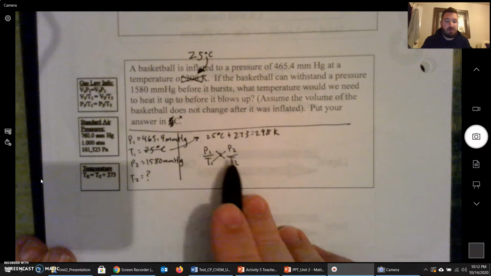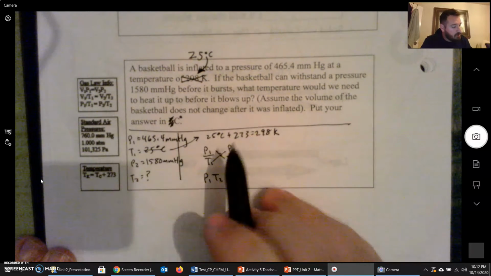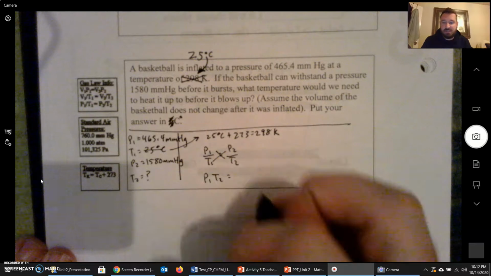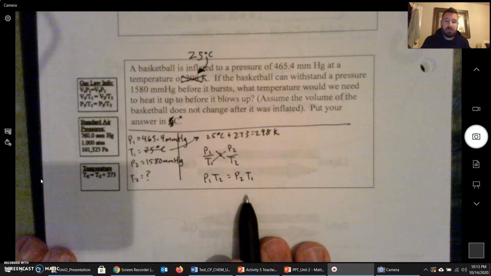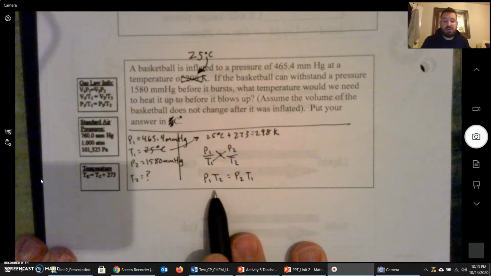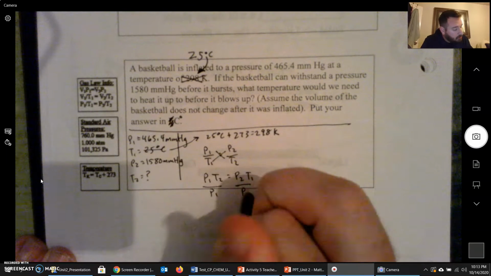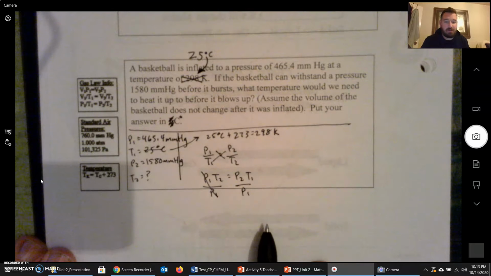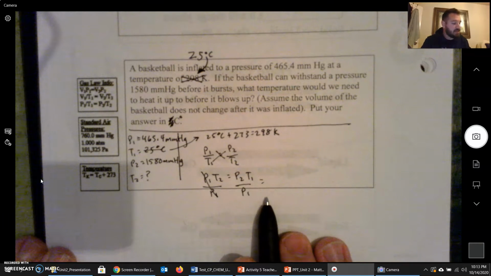This gives me P1 times T2 equals P2 times T1. Now we can easily solve for T2 by dividing both sides by P1, and the P1s will cancel out on the left. And now I can plug my information in.